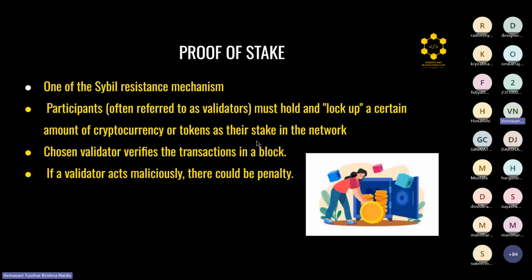Otherwise, if a node with higher stakes starts to act maliciously, like tampering with the block, once the other nodes verify and see that this node has been acting maliciously, the collateral he has put up will be taken. He will be robbed of his stake.